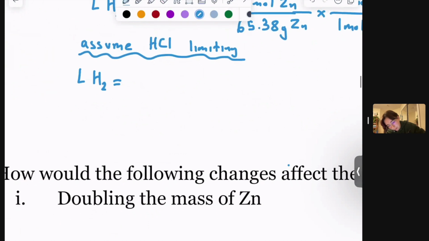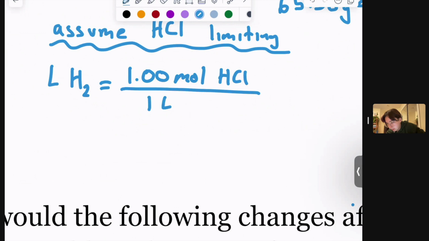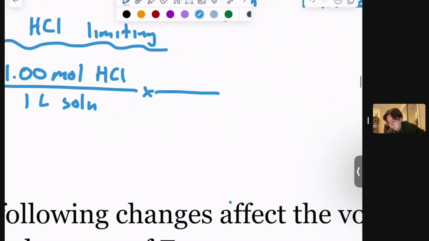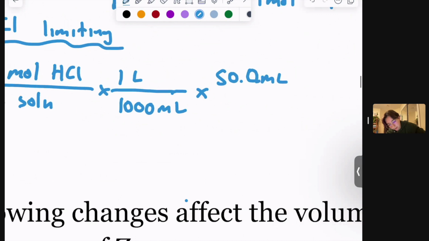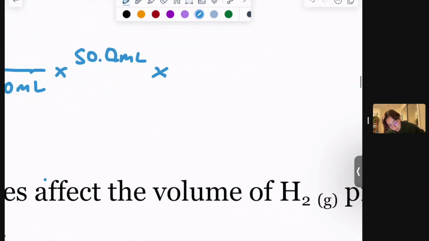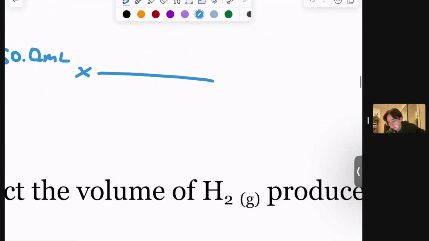Okay, so starting with information about my HCl, I know that it has a 1 molar HCl concentration, which means 1 mole per liter. And I know that I had only 50 mils of it, so I'm actually just going to cancel that part out real quick. So I've canceled out my liters, but now I want to change my moles in the numerator into the hydrogen.